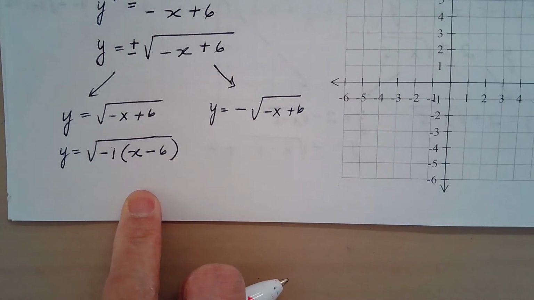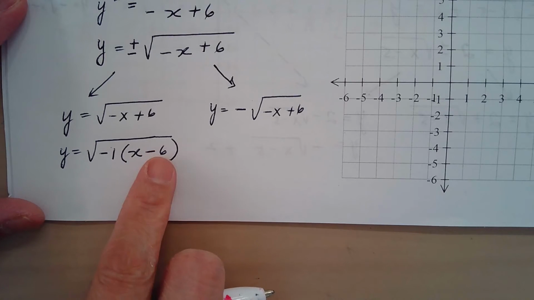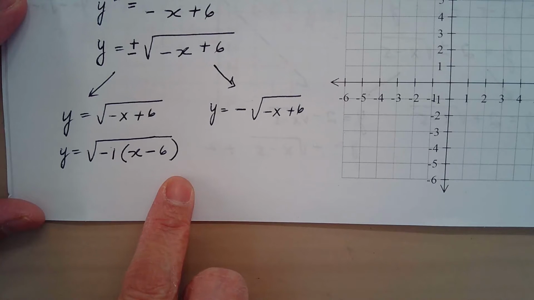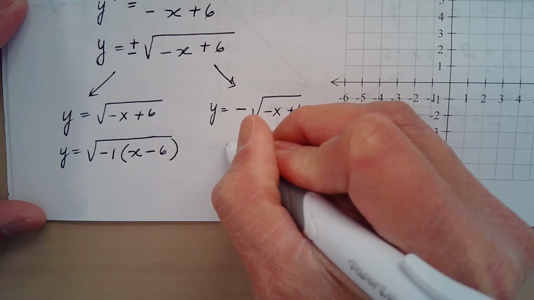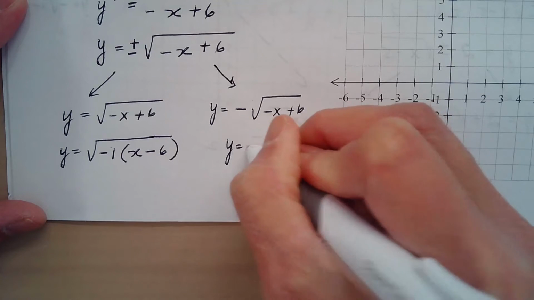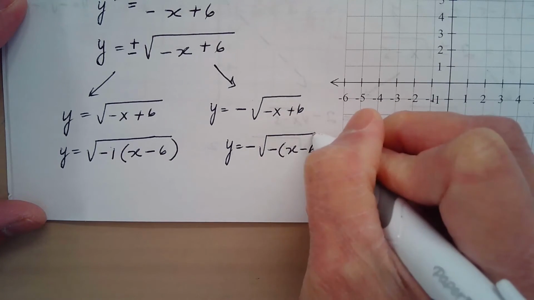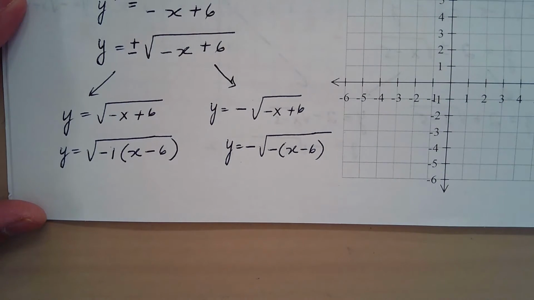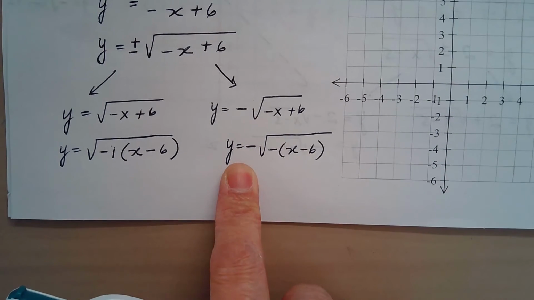That tells us there's going to be a reflection in the y-axis, and then a translation 6 units to the right. Now this part in here, y equals negative square root of negative x minus 6, is a reflection in the x-axis because of a negative a value.